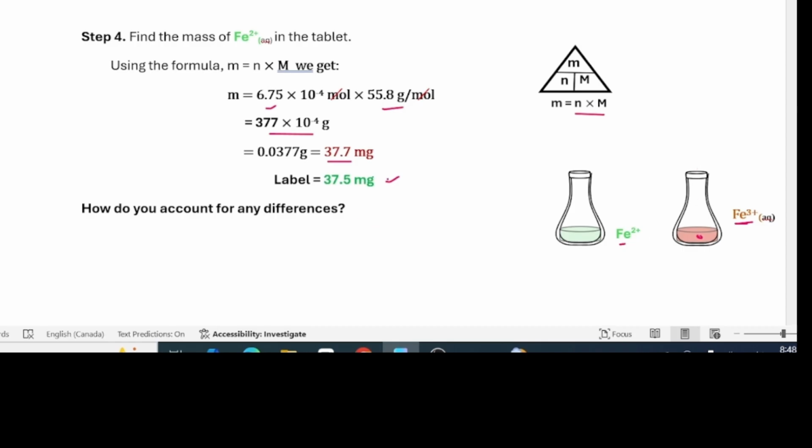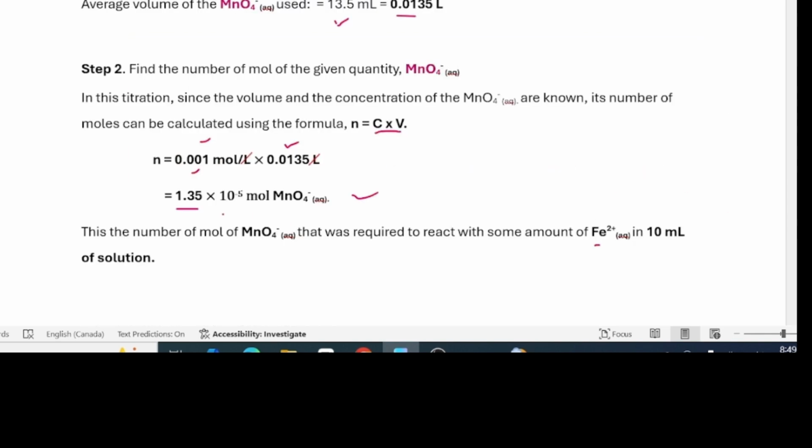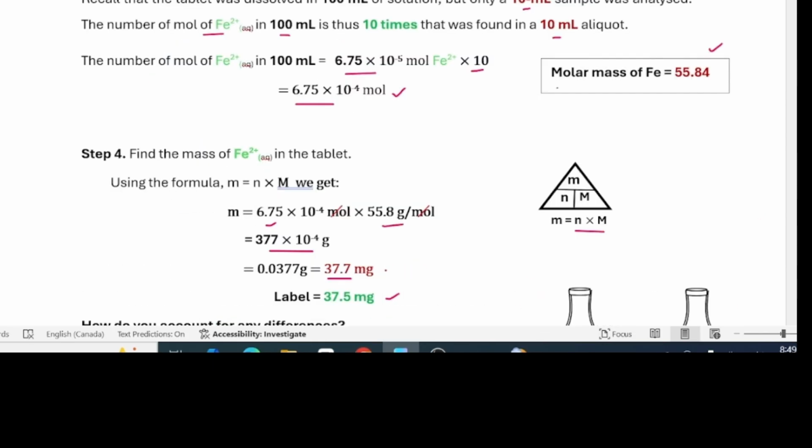And that is why if you use more permanganate, these values will get slightly bigger. That value will get slightly bigger. Because of that, this will get slightly bigger. And finally, this mass will be slightly bigger. And that is why the calculated mass, in this case, is slightly larger than what the label says.